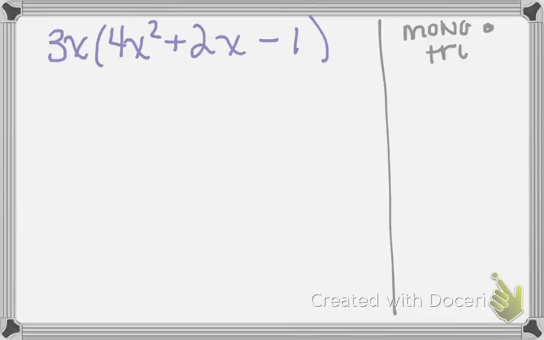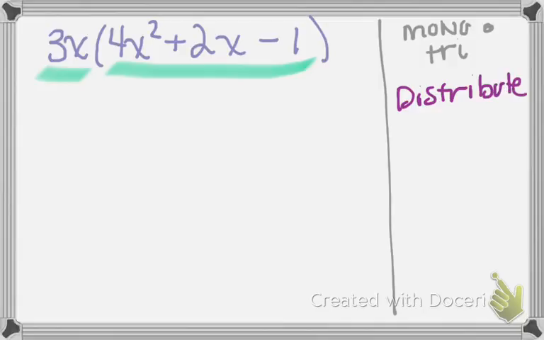Now multiplying polynomials. You'll notice here we have a monomial times a trinomial. One term, three terms. When you have a monomial times a trinomial, all you have to do is distribute the monomial. Remember, when you are multiplying, you add exponents.